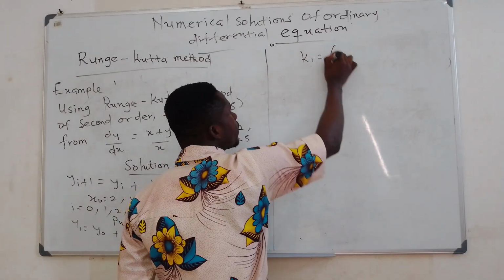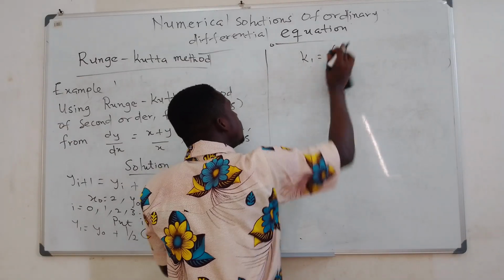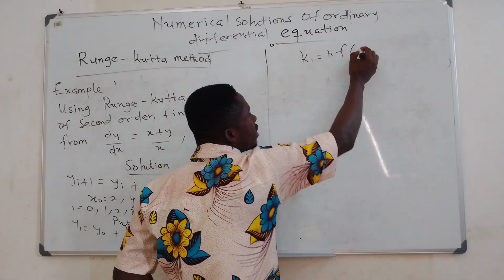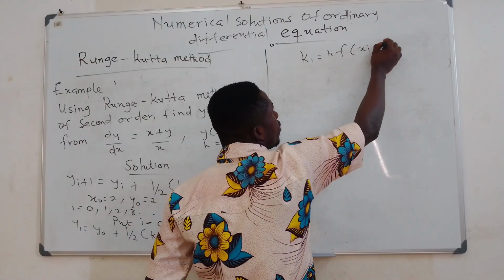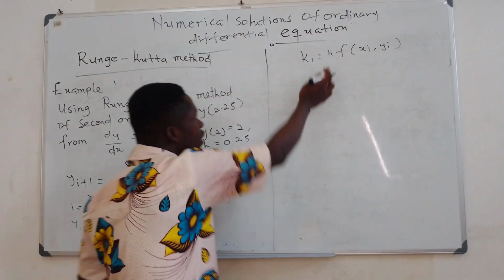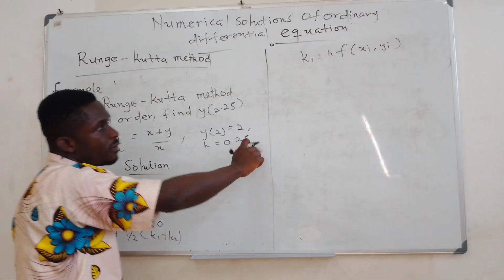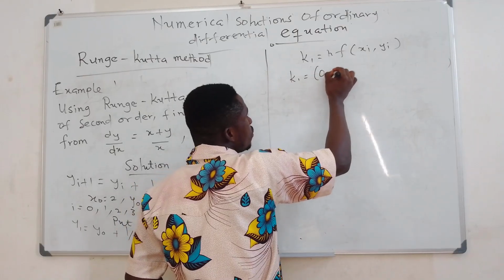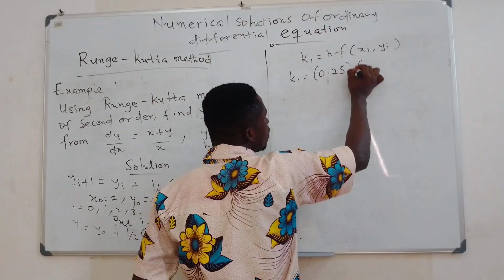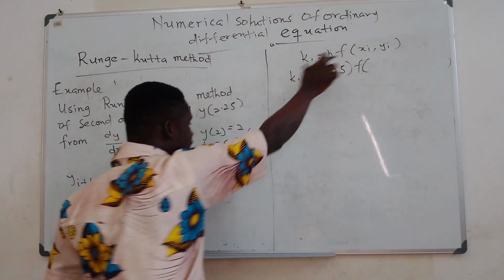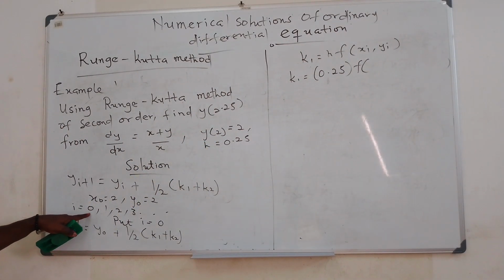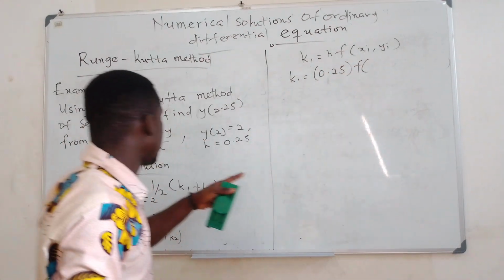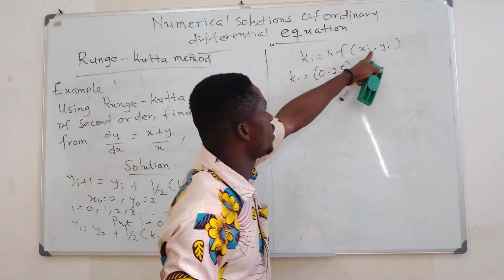That is h multiplying the function f(x_i, y_i). We know our h to be 0.25. So k1 will give us 0.25 times our function. Let's write our function. We said that i is 0, so here will be x0 and y0.